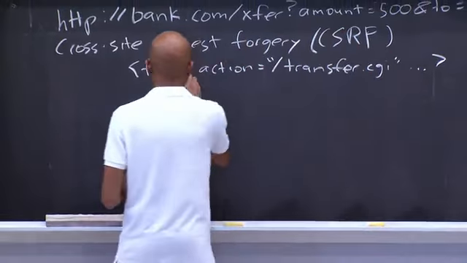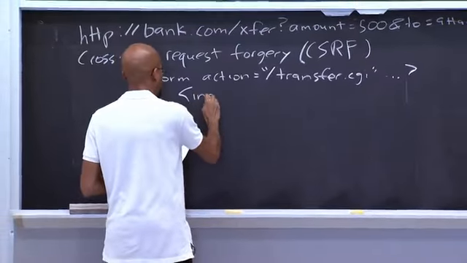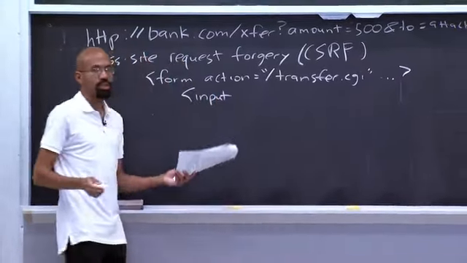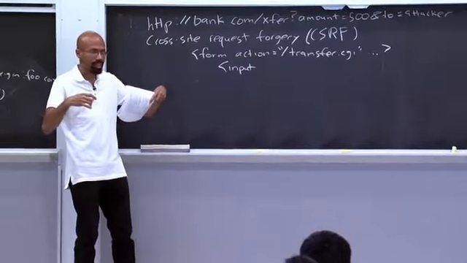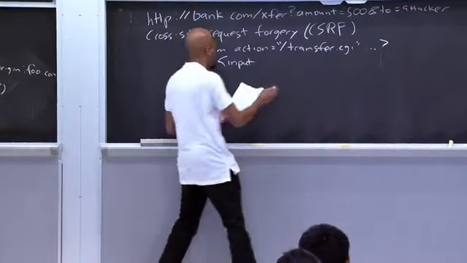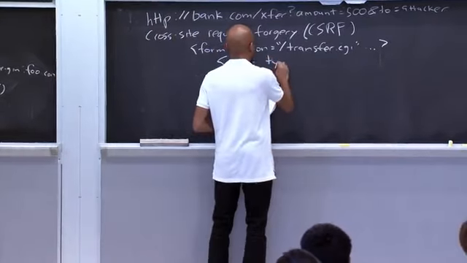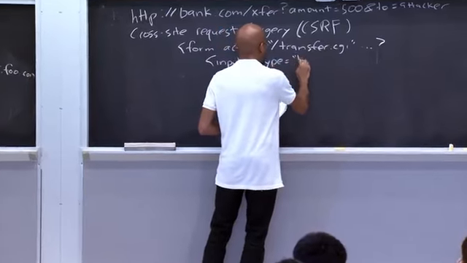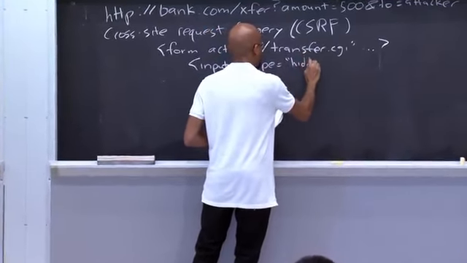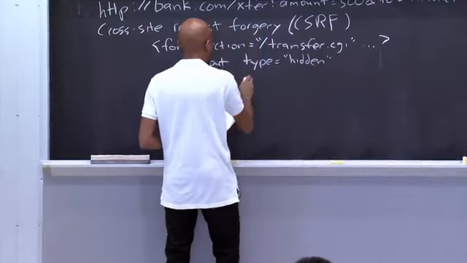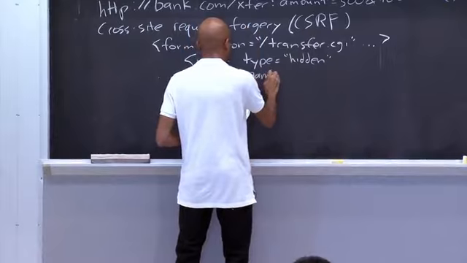And then inside this form, you're going to have an input. Inputs are usually used to get in user input like text, key presses, mouse clicks, stuff like that. But we can actually give this input a type of hidden, which means that it's not shown to the user.